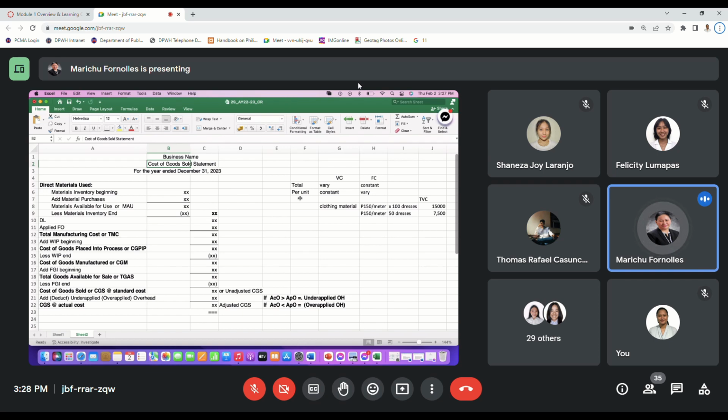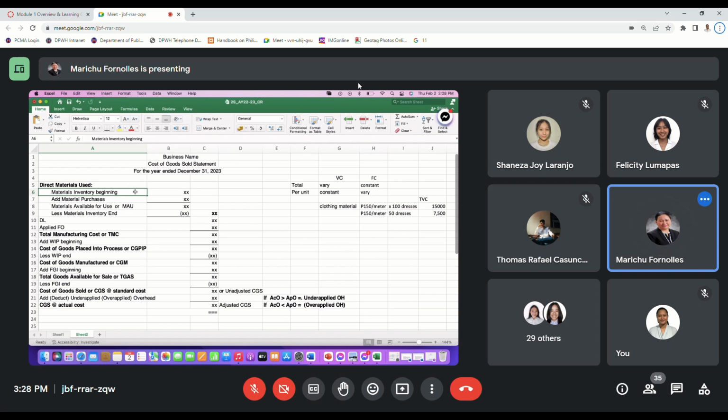So we start with your direct materials used. To compute the direct materials used, we begin with materials inventory beginning. The ending inventory in materials last month or last year automatically becomes the materials inventory beginning this month or this year.